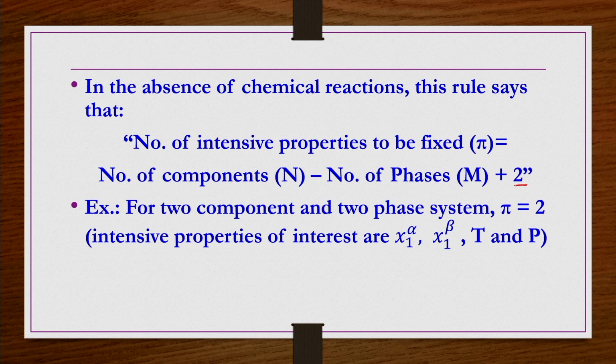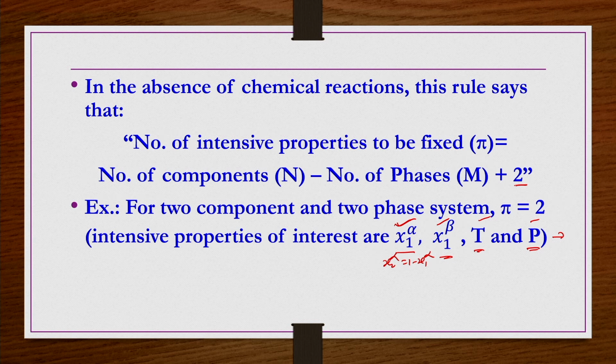Then how many intensive properties are there? x1 alpha. x2 alpha is nothing but 1 minus x1 alpha, because it is a binary system, so x2 alpha cannot be counted as a separate intensive property. Similarly, x1 beta, then temperature and pressure, third and fourth. There are 4 intensive properties that describe the system.